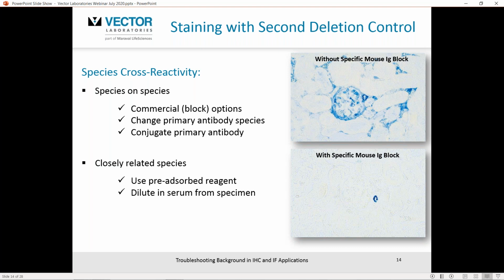Or indeed, if the cross-reactivity is low, around say 3 to 6%, the recommendation would be to use serum from the same species as the tissue or the specimen and use that in the buffer to dilute that secondary antibody and absorb up some of that stickiness.